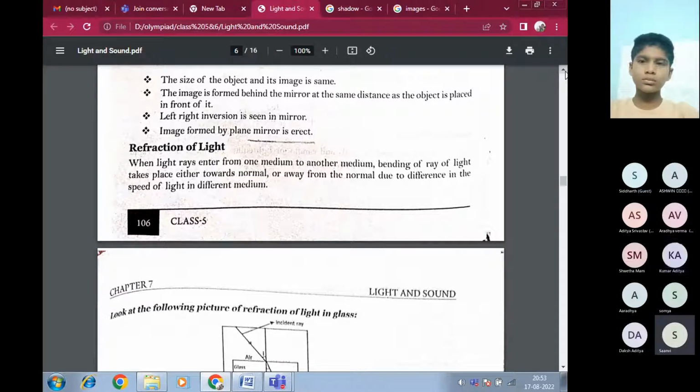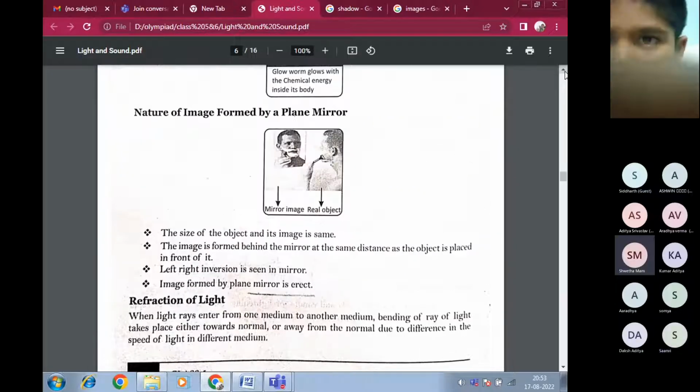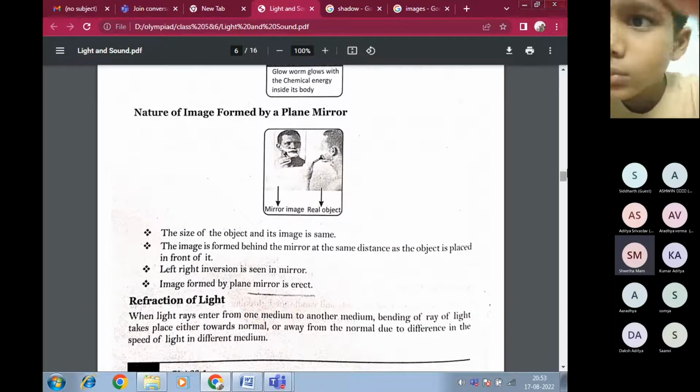Ma'am, do we have to write when light rays... last medium? Yes. Ma'am, can I take the screenshot? Yeah, sure, you can take the screenshot instead of writing afterwards. Done, ma'am. Okay, done? Yes, ma'am.